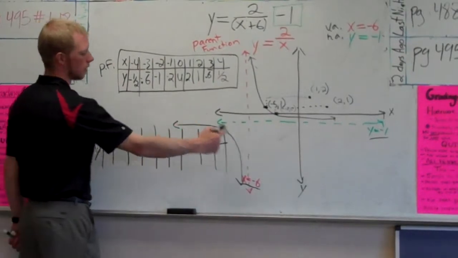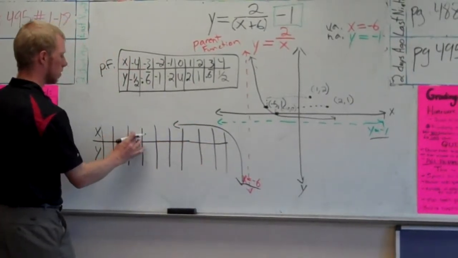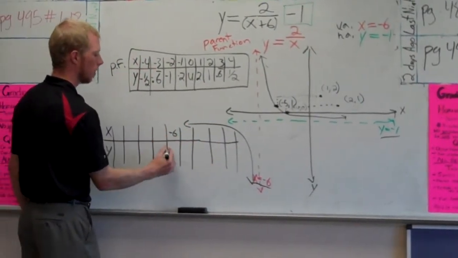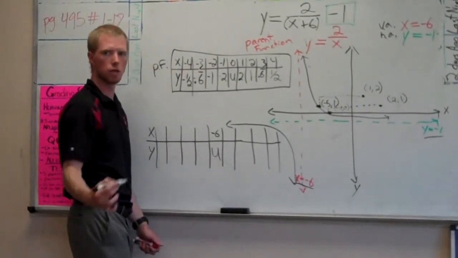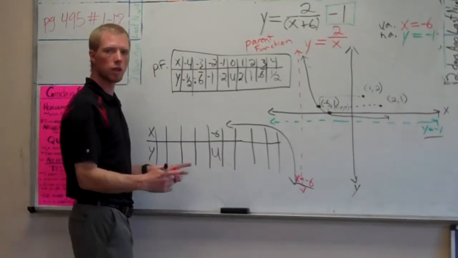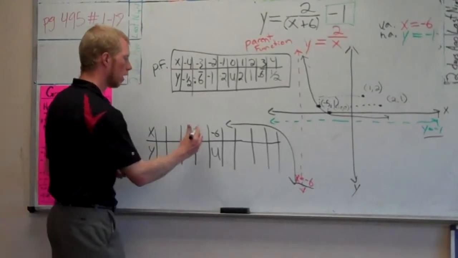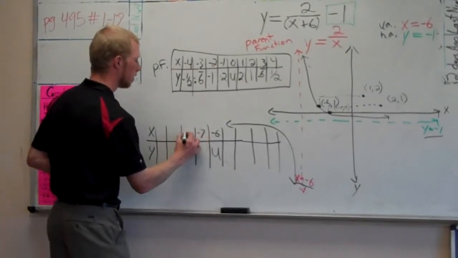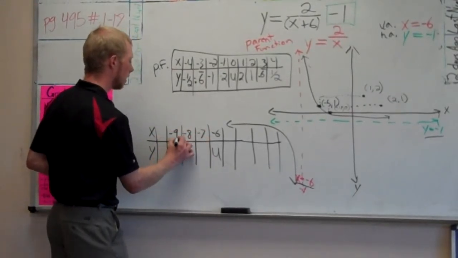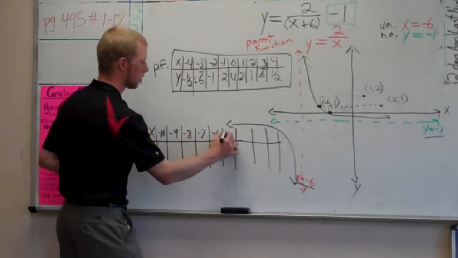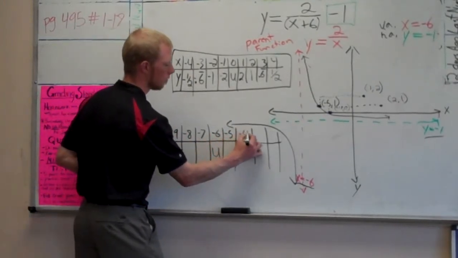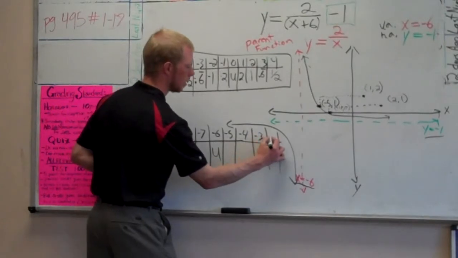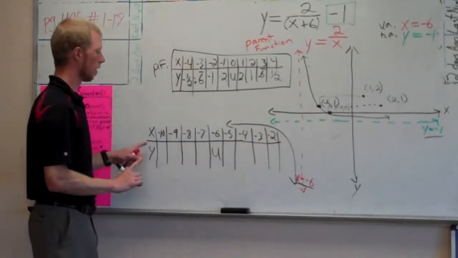So I've got negative 6 right here. That is where this function is undefined. If I look at the table in my calculator, it will tell me what is negative 7, negative 8, negative 9, and negative 10, negative 5, negative 4, negative 3, and negative 2.